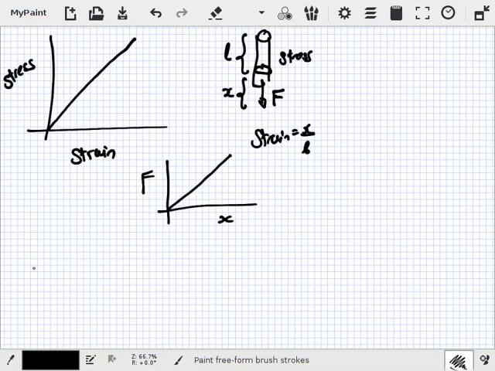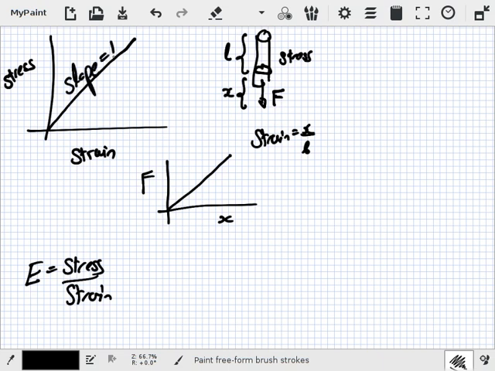So, Young's modulus is stress over strain. So that means the slope here is equal to Young's modulus. And what did we say the slope here was? Is equal to K. Good, okay, so let's see what we get here. Stress is force over area, and strain is extension over length.